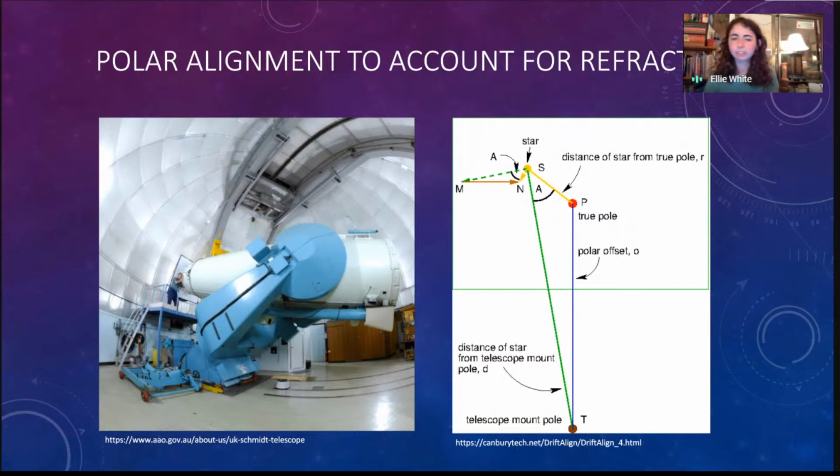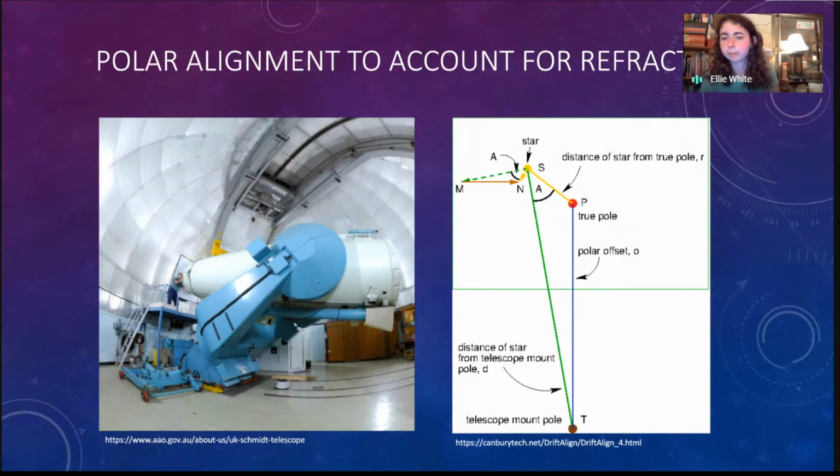But for most users, that's not necessarily practical. The best compromise is to set your polar axis to the refracted pole rather than the non-refracted pole. The no-air pole is roughly what you would get doing the drift method of polar alignment, but you need to use a slightly more complex method to correct for refraction.